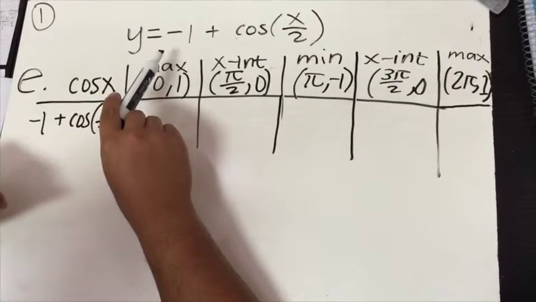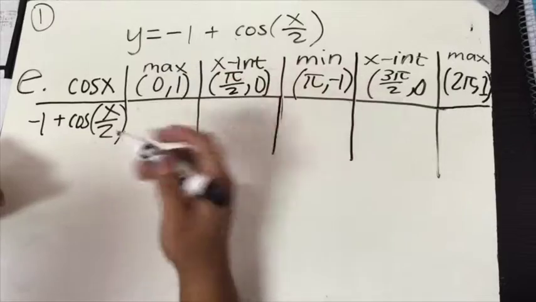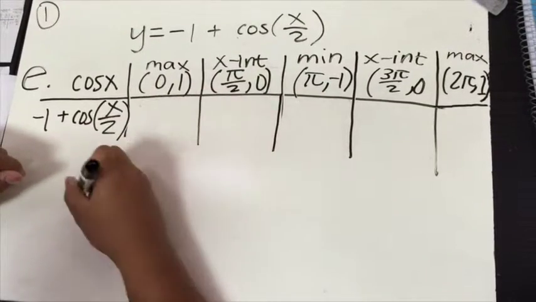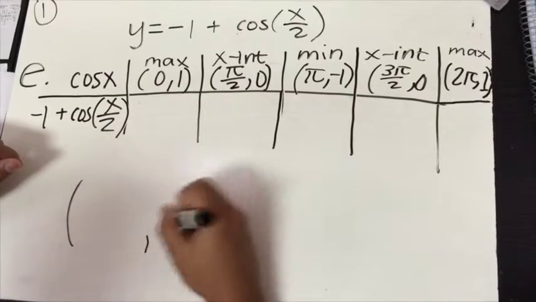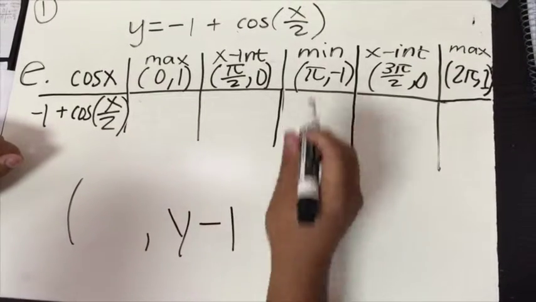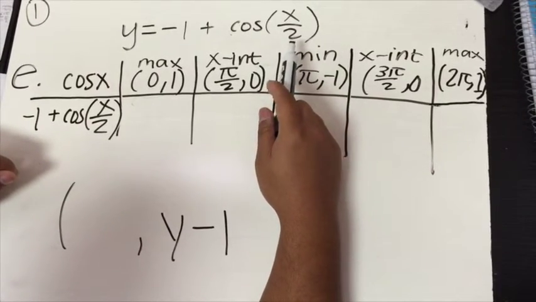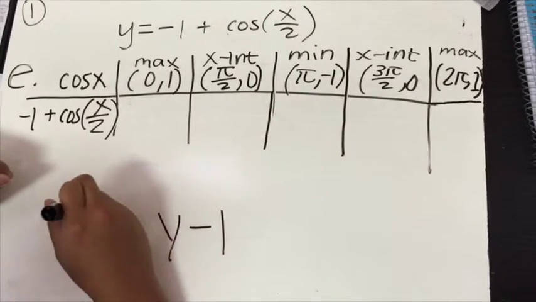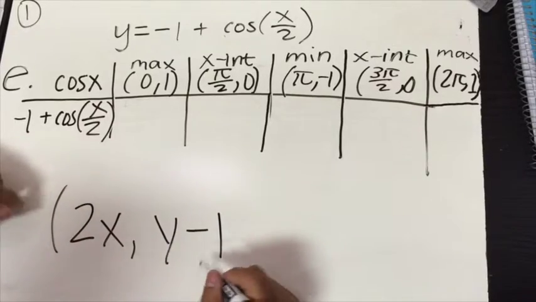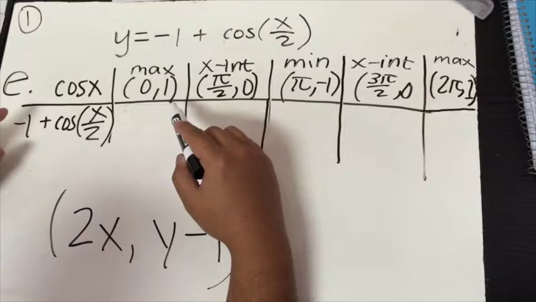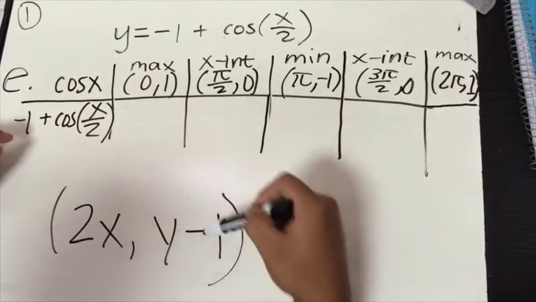So in this case, we're going down 1, so it'll be y minus 1, and there's horizontal expansion by a factor of 2, so 2x. So each coordinate that we have from the original function, we will just change by this.